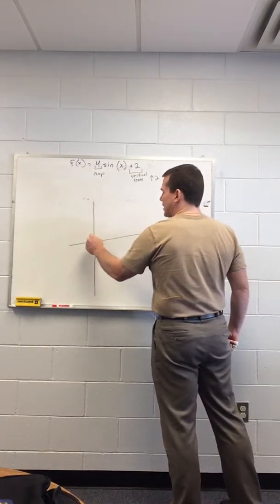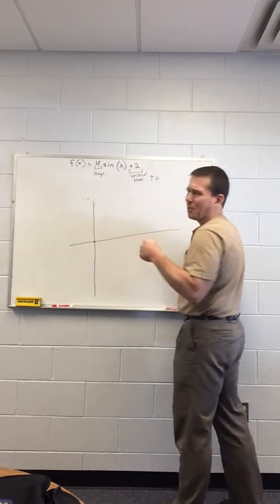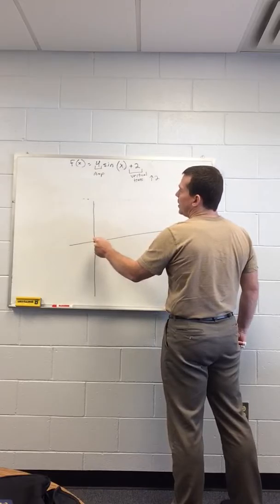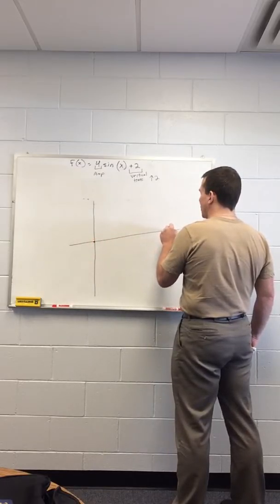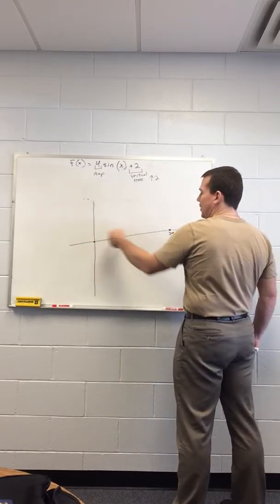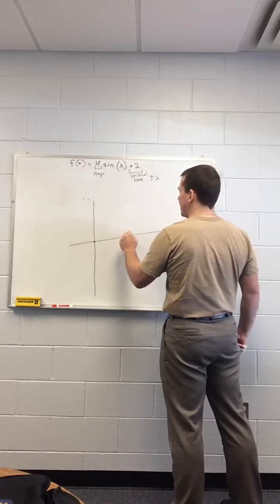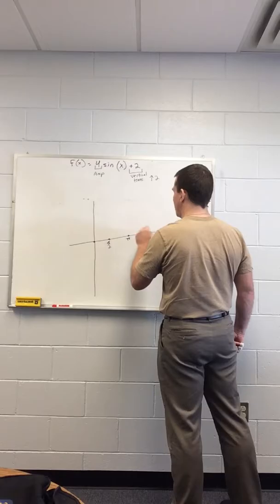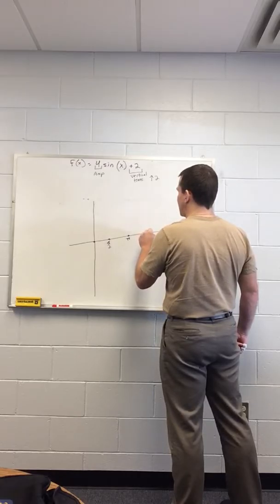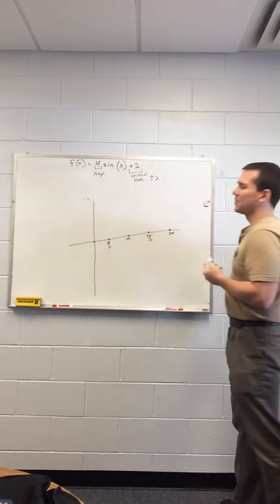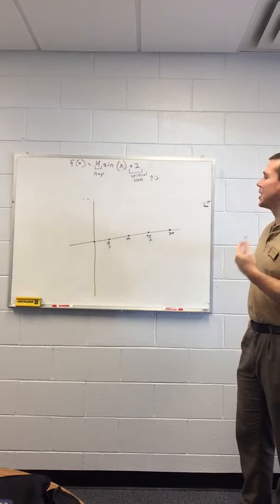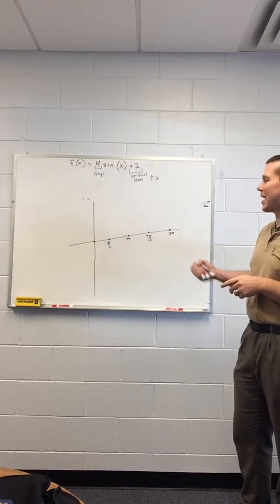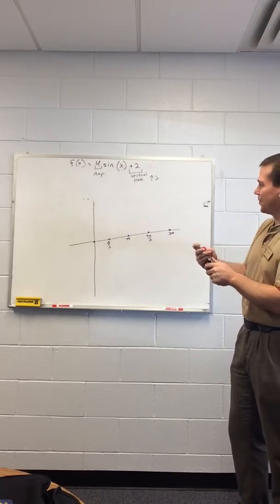These are not the y values, these are just the x values we'll use as a guide. There's 0. My period is 2 pi, so we'll call this 2 pi. Then the midway point between them is pi. And then the midway points we've been using, pi over 2 and 3 pi over 2. As long as we have those 5 points, we can plot the points and be good to go. Those will change as we do some more transformations on our graph, but for right now that works.